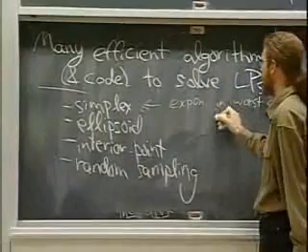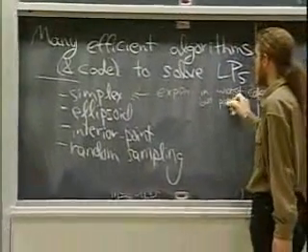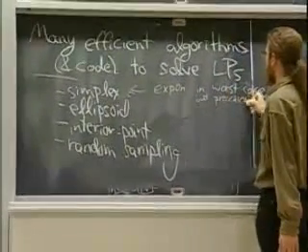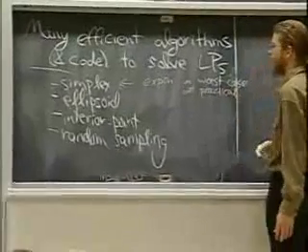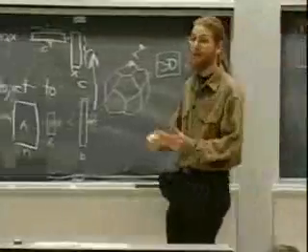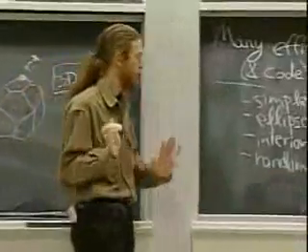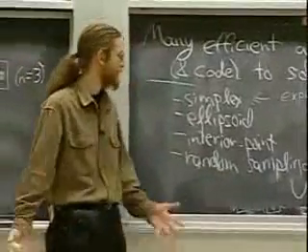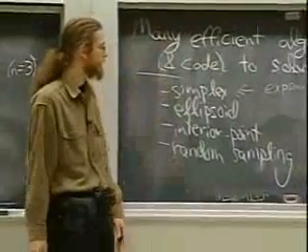But it's practical. There's actually an open problem whether there exists a variation of simplex that runs in polynomial time, but I won't go into that. That's a major open problem in this area of linear programming.